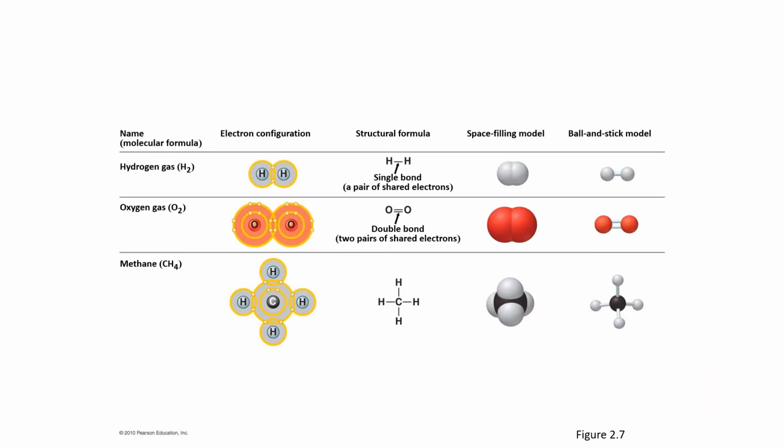I wanted to show this image because it shows a little bit more detail about how electrons are being shared. So in this top group, we have 2 hydrogens, and they are sharing those 2 electrons. This is considered a single bond because each one is donating just 1. So they are only sharing 1 pair of electrons with each other, and that is going to be the kind of bond they have.